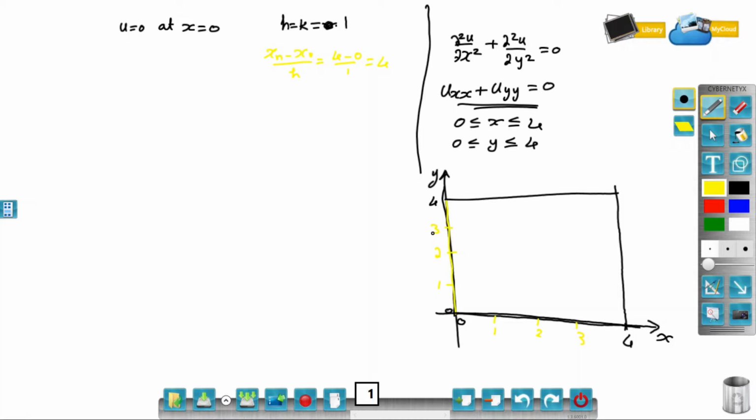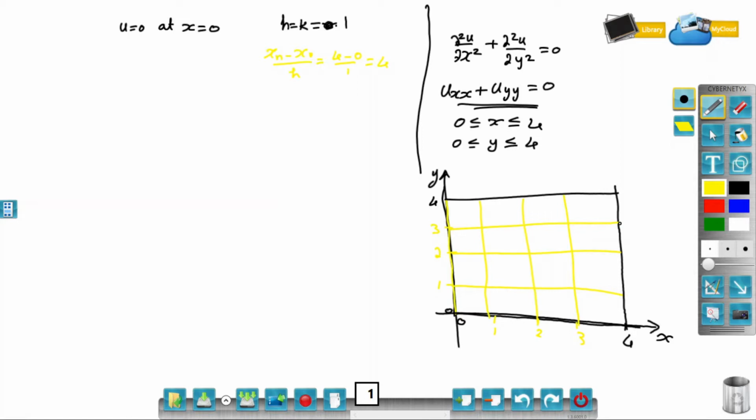So the number of points of y is m + 1, and m + 1 = 5 because m = 4. By using these points, we can form a mesh or grid. This is one mesh, this is the second mesh, and like this we can form the grid.